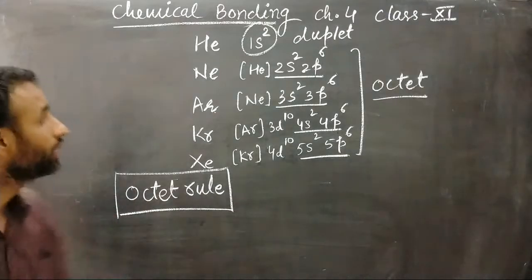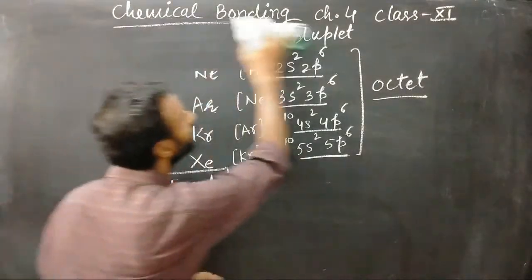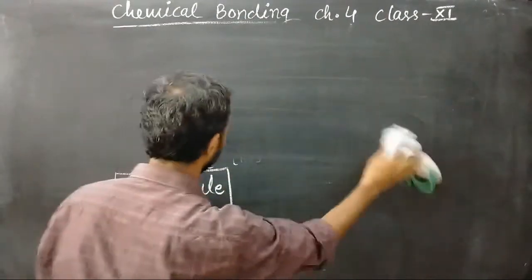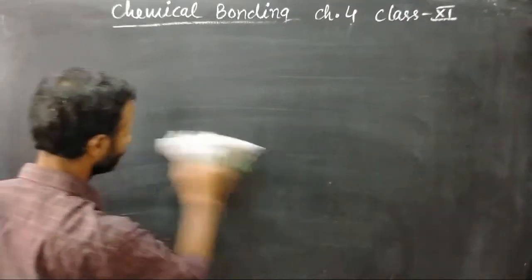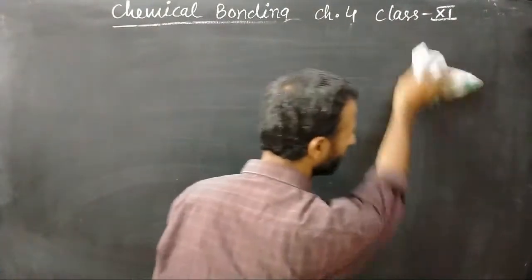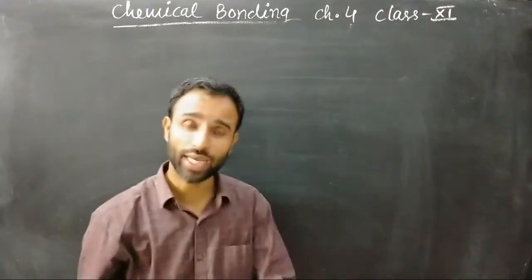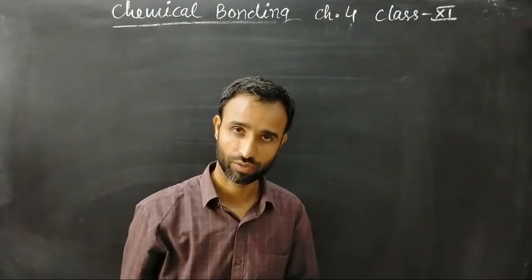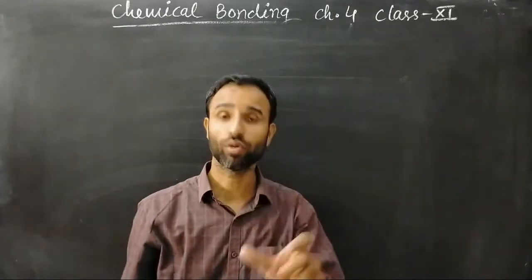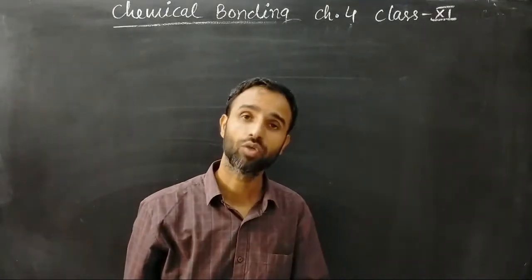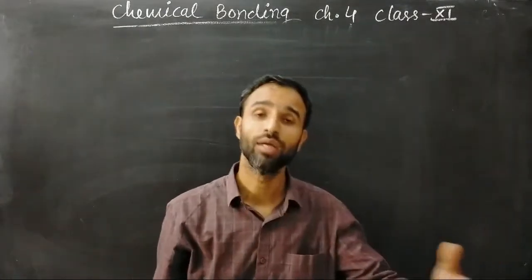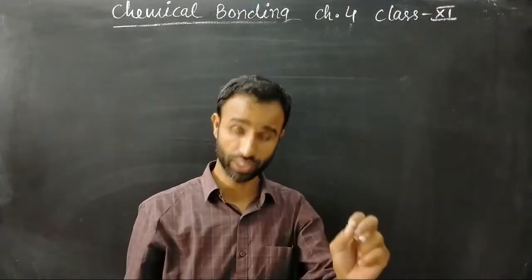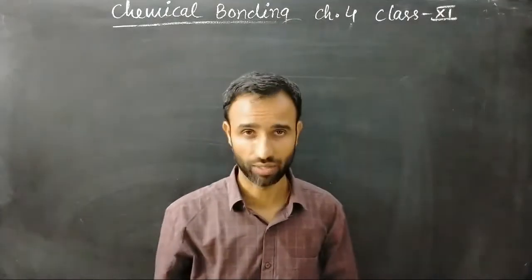First of all, if you see the electronic configuration of noble gases, every atom tries to attain noble gas configuration. And that's why atoms combine to get a stable configuration in the outermost shell.